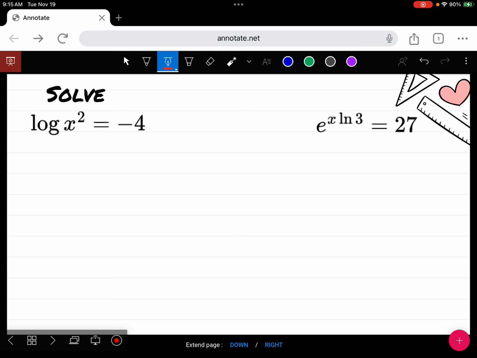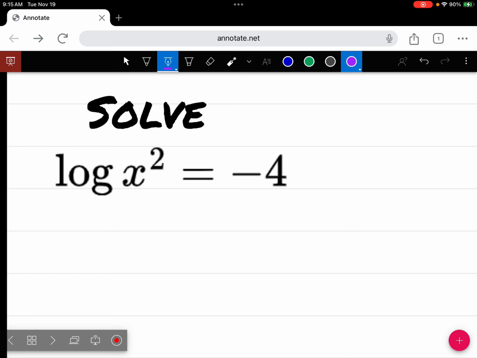So we've got log of x squared equals negative 4. What's our base on this one? 10. This is our common log. So this has a base of 10. If there's not one written, it's base 10.